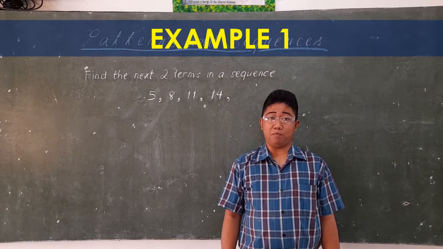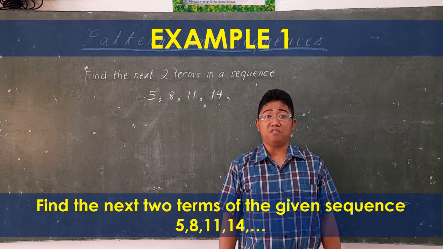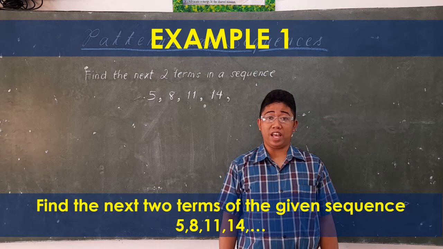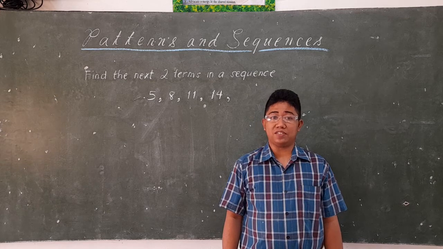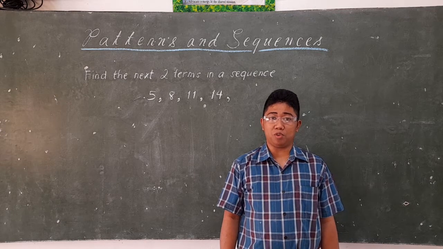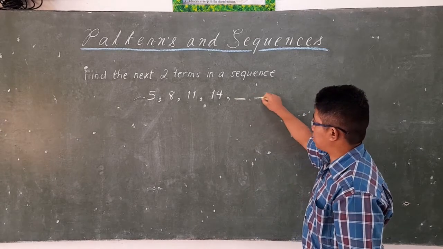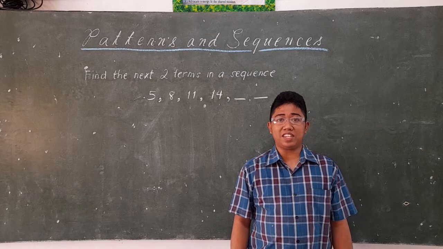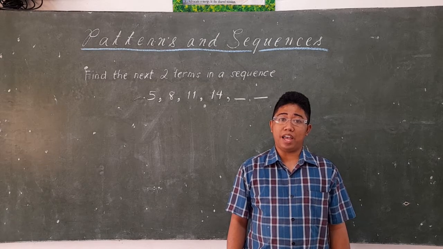Here is the first example. Find the next two terms of the given sequence: 5, 8, 11, 14, and so on. Our solution: in the given sequence 5, 8, 11, and 14, we have to add 2 blanks because we are looking for the next 2 terms. Next, we observe that the given sequence is increasing by 3.